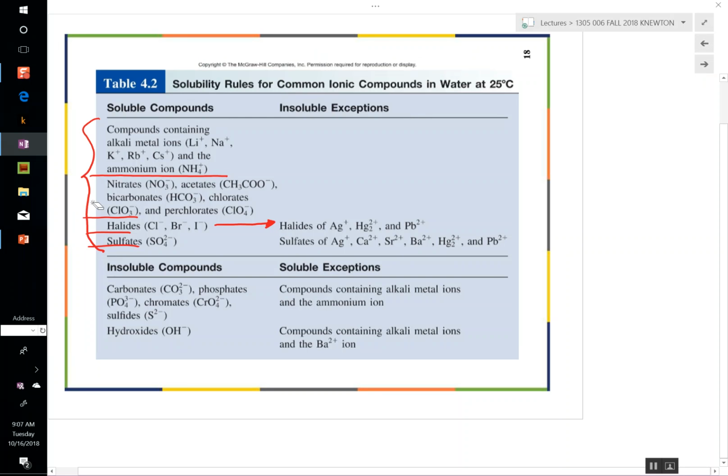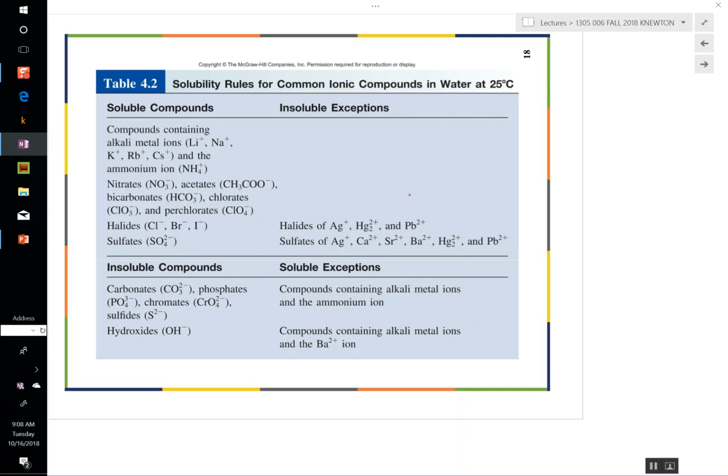Here's our chart. And let me show you how this would be. We could have a situation like this. Let me get a simple one here. Let's say we were going to react calcium nitrate plus sodium carbonate, and this is aqueous, and this is aqueous.